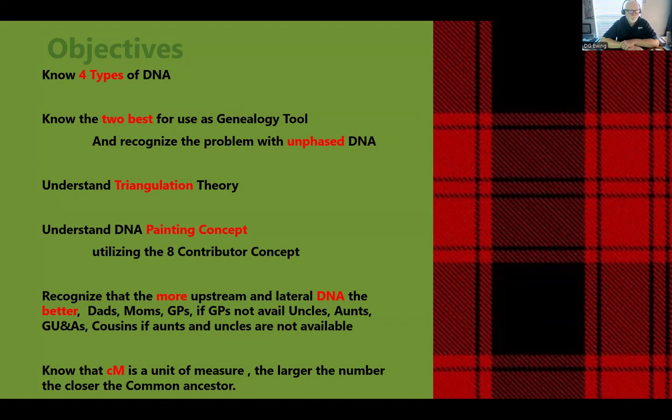All right, so the objectives when we're finished: let's know the four types of DNA. That's not a biology hard hurdle at all. We want to know the best two types of test results that we can use as a genealogical tool, and recognize the problem with unphased DNA.